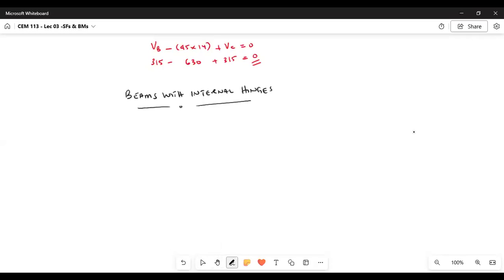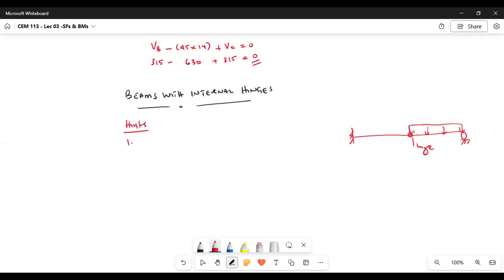So before we even take any whatever, so we are talking about if you have a beam, let's say like this, and let's say you have a force like this, okay, and there's internal hinge here, there's hinge. What do you do? Hints.